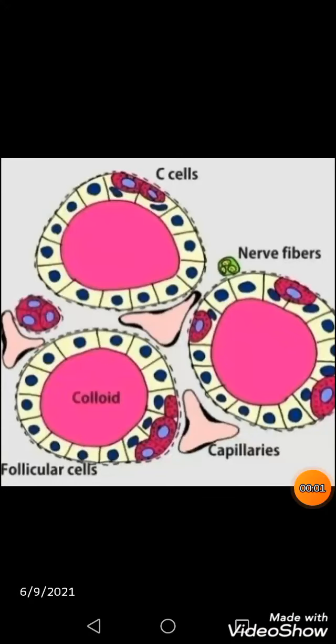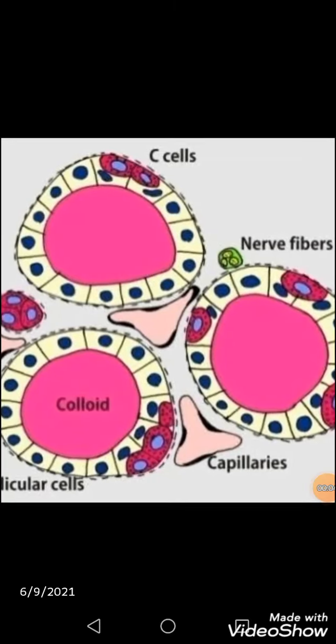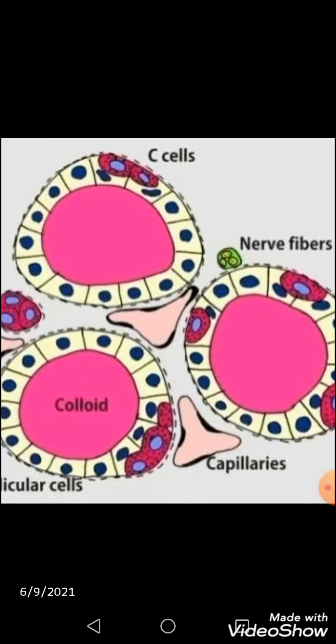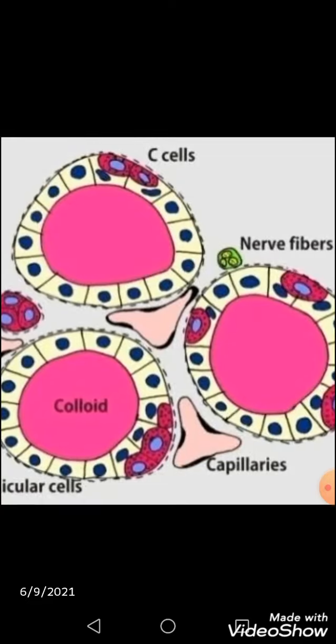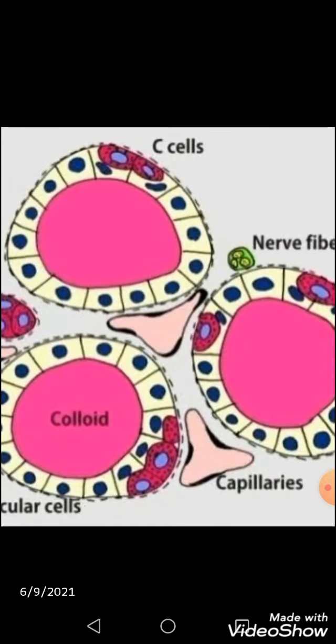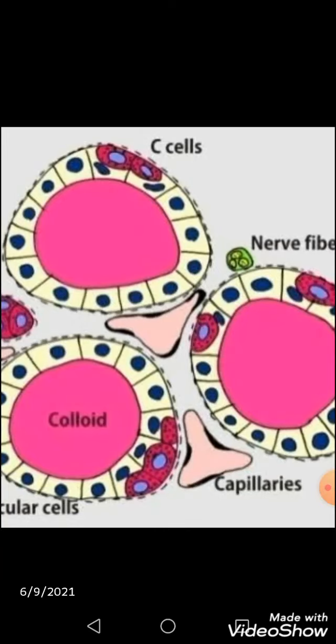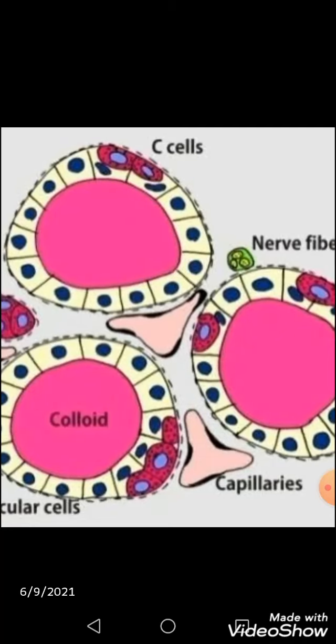In the picture you can see the follicular cells, also called principal cells, which are normally cuboidal in shape, and their shape varies according to their activity. When they are hyperactive, we can expect tall columnar cells, right? And when they are hypoactive, they appear as low cuboidal or squamous-like cells, right?